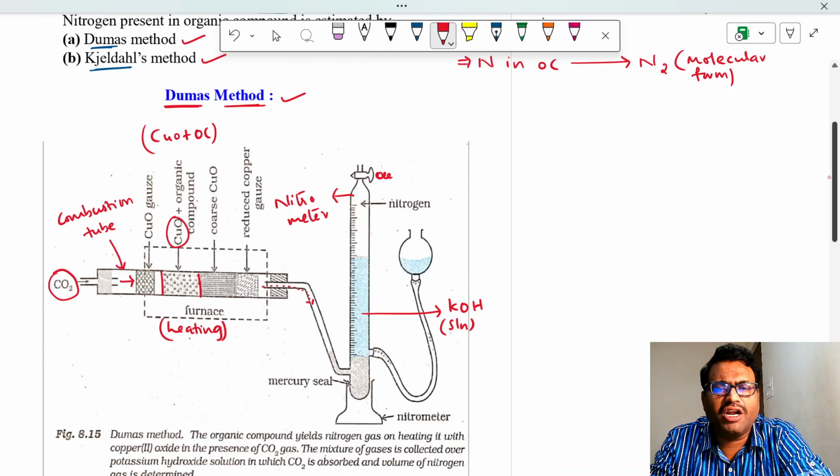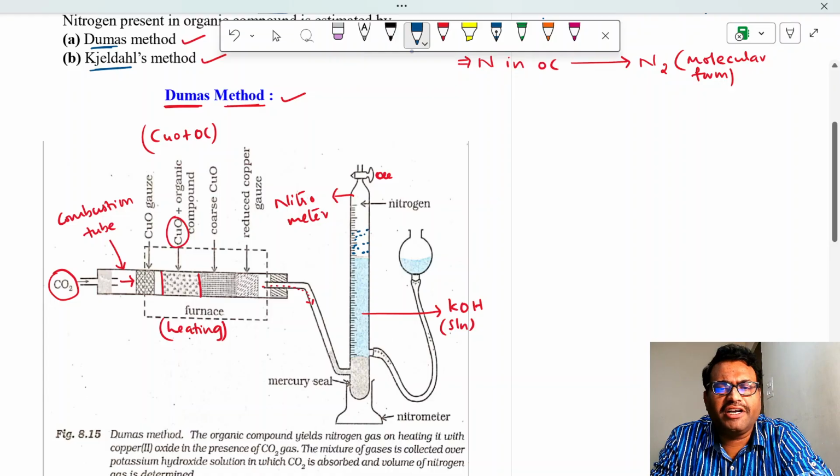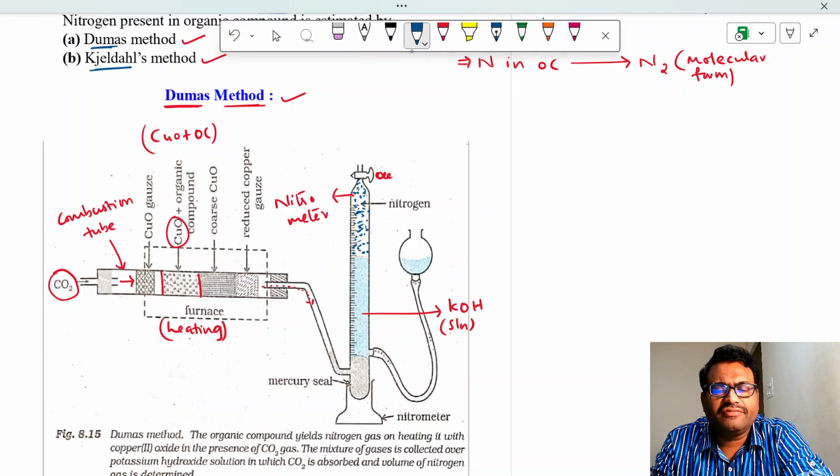When you open this valve, the air above this KOH solution escapes, and we should see that this KOH solution completely fills this nitrometer, up to the top surface, without any air. How can you do this? By pulling up and down.